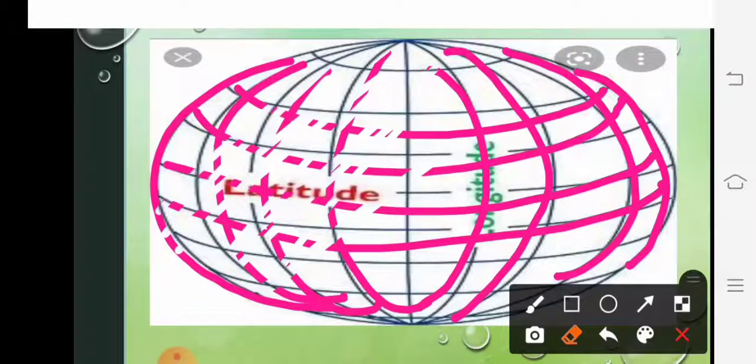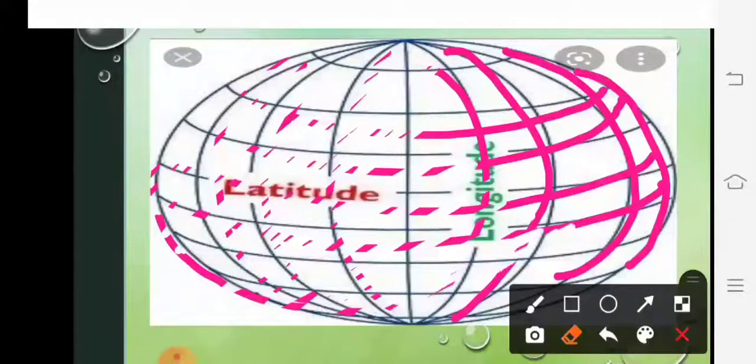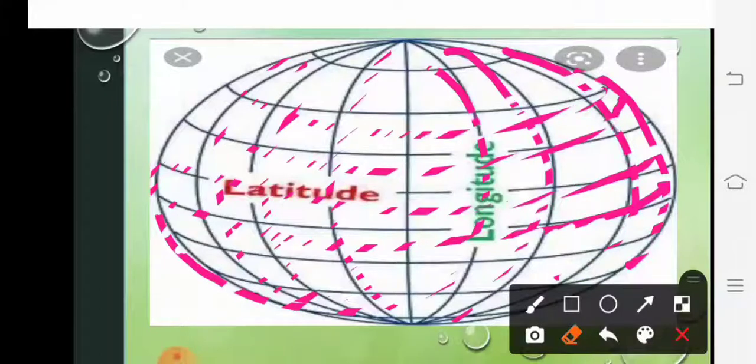I hope the concept is clear. Children, please don't forget to remember the important definition and meaning of longitude and latitudes.